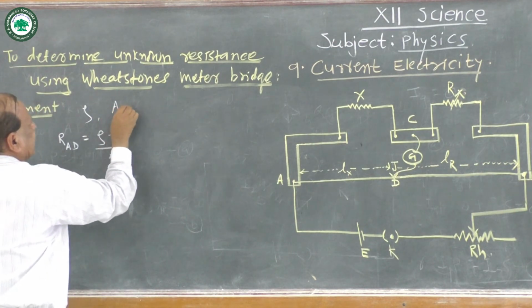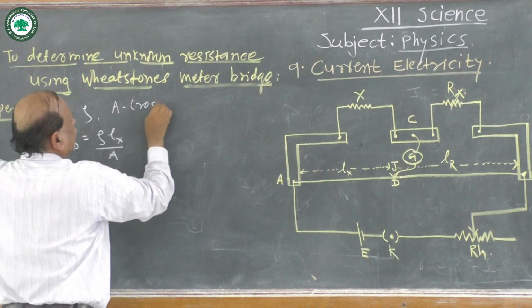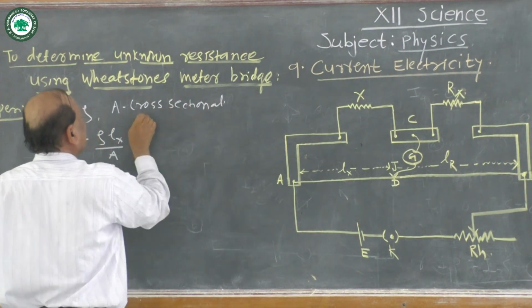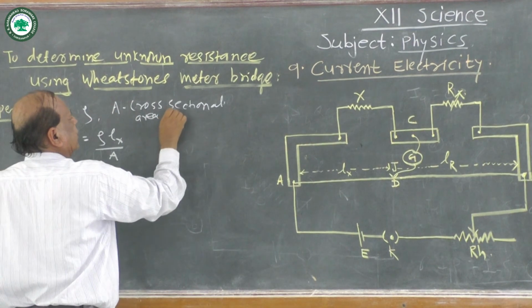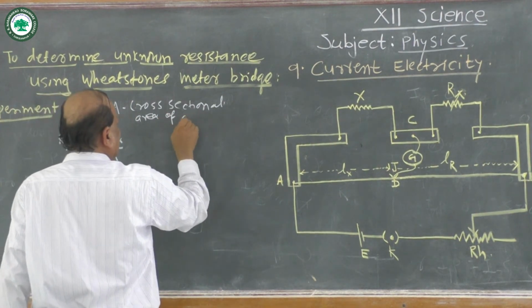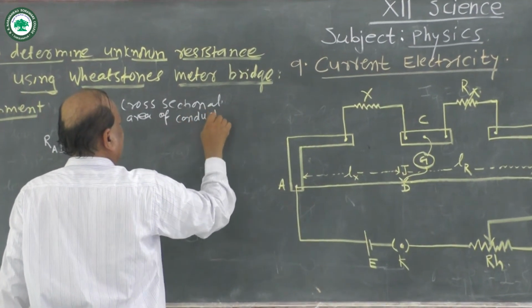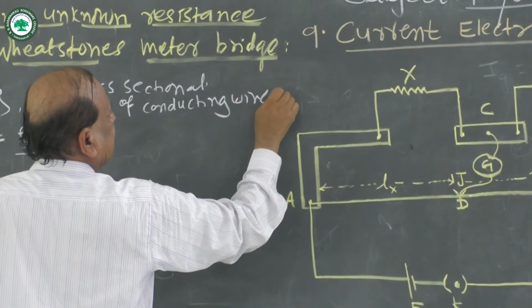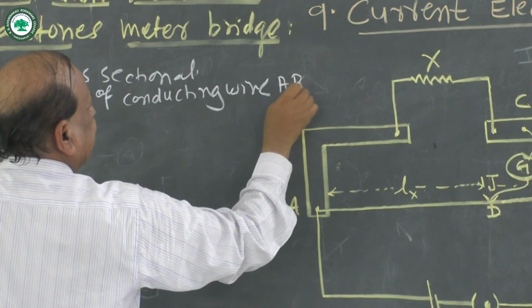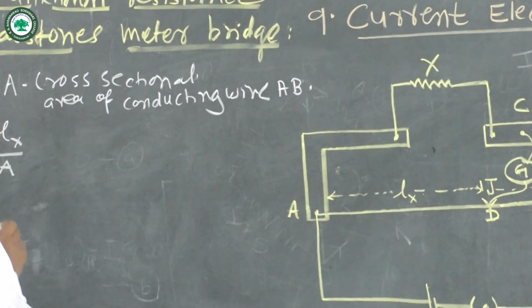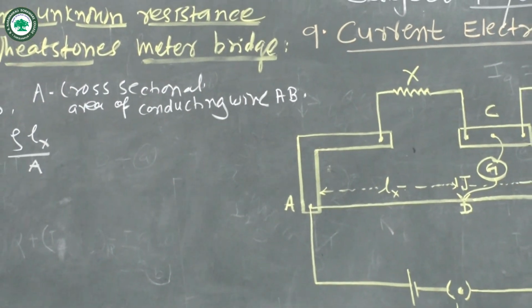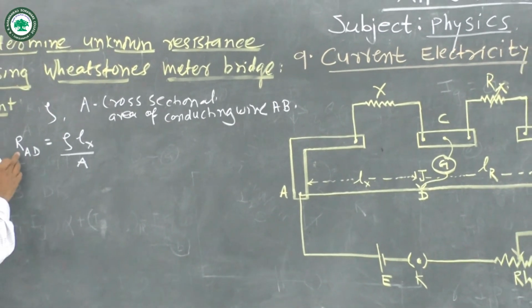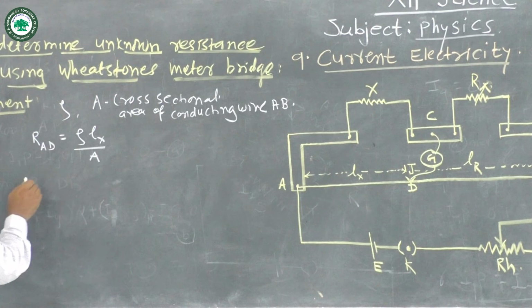Now that capital A is the cross-sectional area of that conducting wire AB. According to the definition of resistance, RAD is equal to that one.